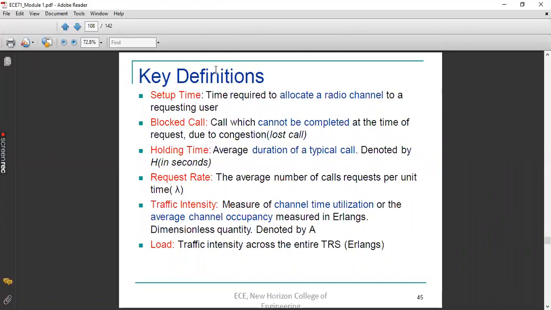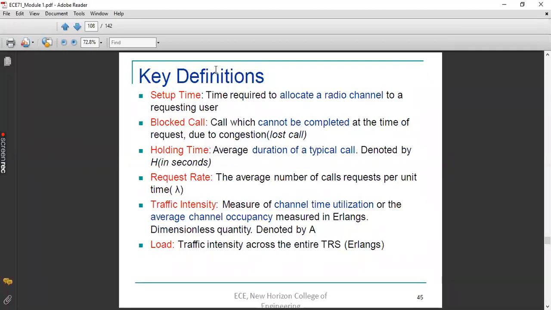Clear? If it is 20 by 60, then 1 by 3 Erlang is the traffic intensity. Of 60 minutes, 20 minutes is occupied, the remaining 40 minutes it is left free. So we can say that the traffic intensity is measured in terms of occupancy of channel, average channel occupancy.